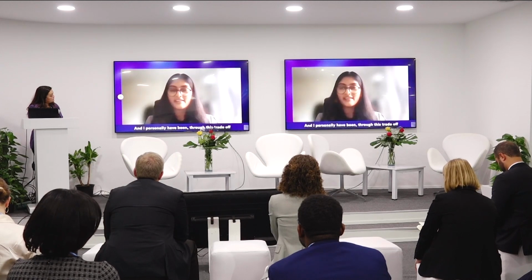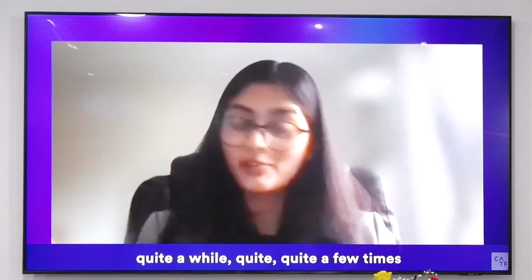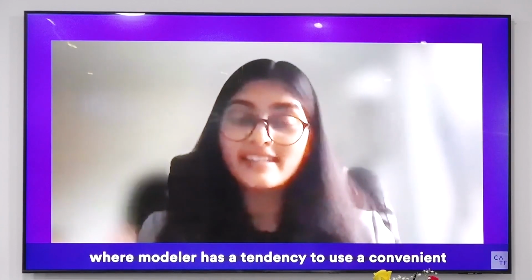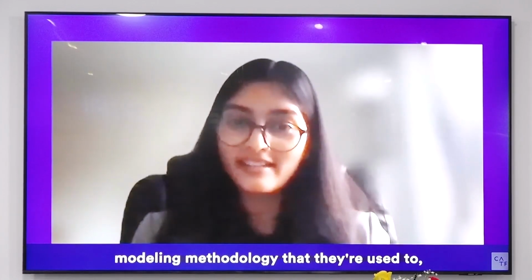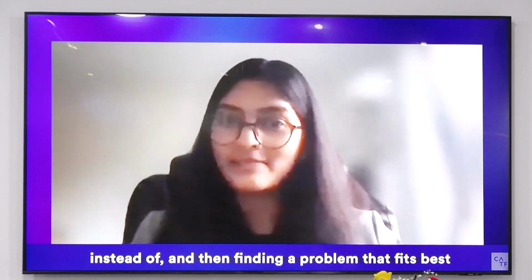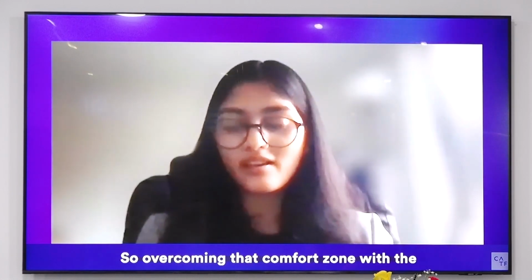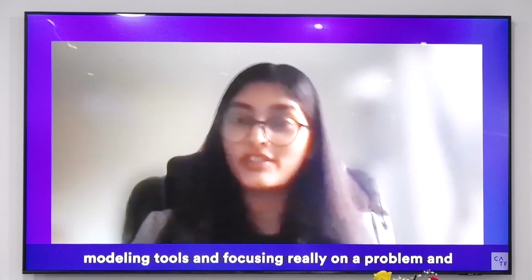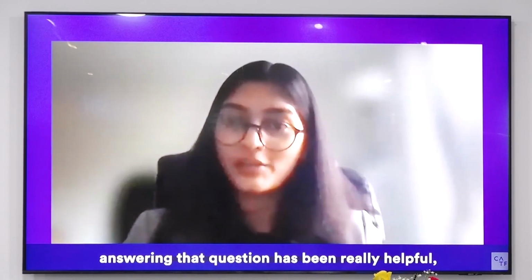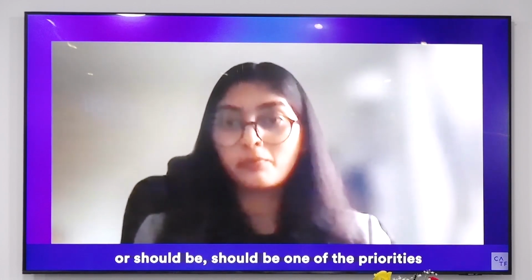I personally have been through this trade-off quite a few times, where a modeler has a tendency to use a convenient modeling methodology they are used to, and then find a problem that fits best with that methodology. Overcoming that comfort zone with the modeling tools, focusing really on the problem and then deciding what type of tool we should use for answering that question, has been really helpful, or should be one of the priorities when using these models.